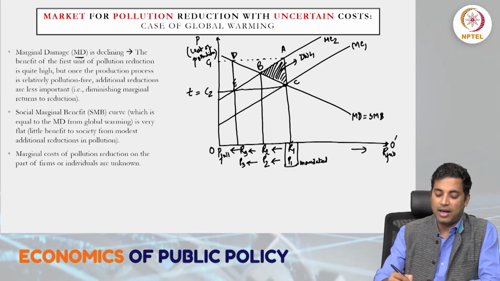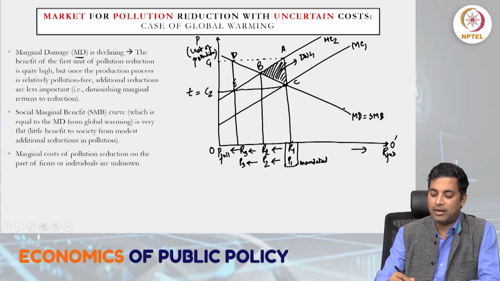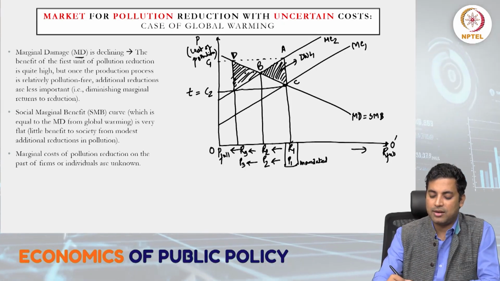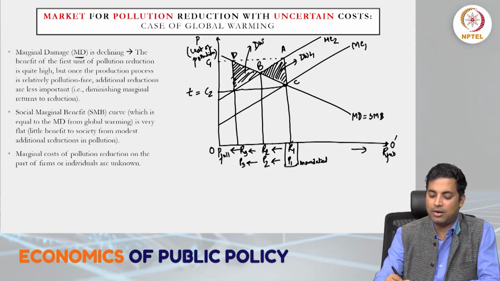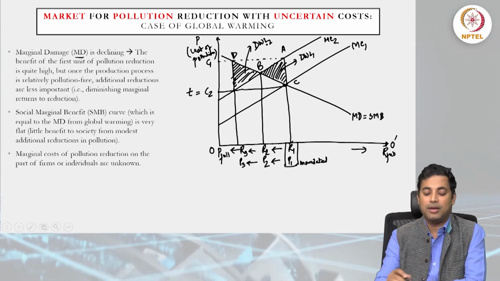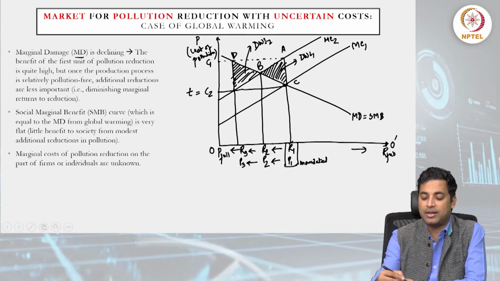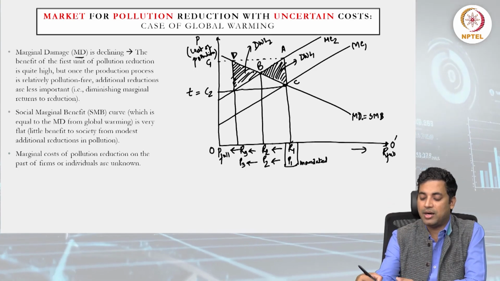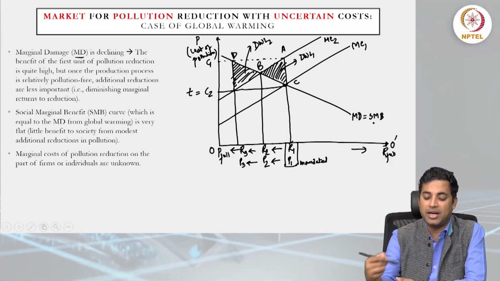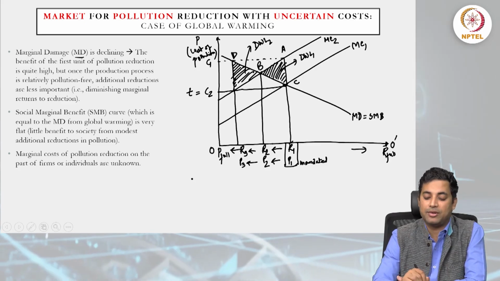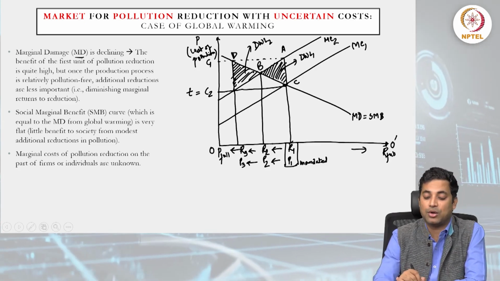the farms. And then here also we get what we see as deadweight loss, and this is our deadweight loss 2 area, and the area that we are getting from the curves, like marginal damage and social marginal benefit, and also we are getting from this equilibrium point that we get from the marginal cost 2 curve.